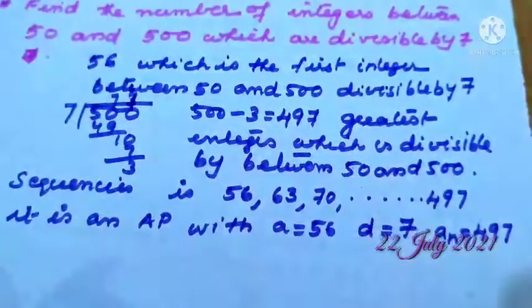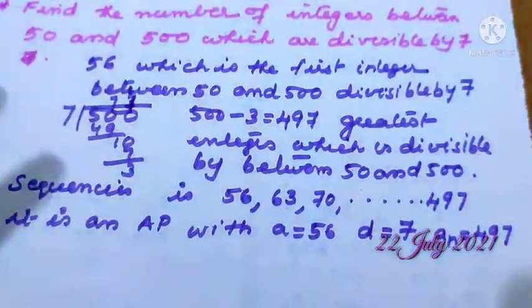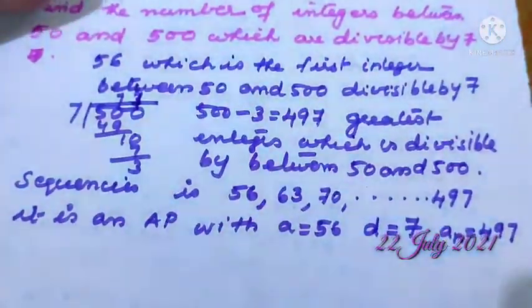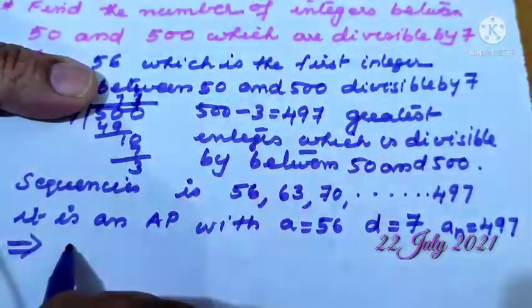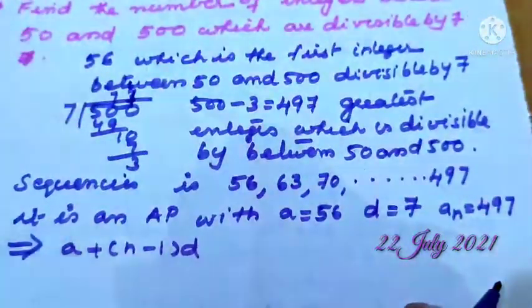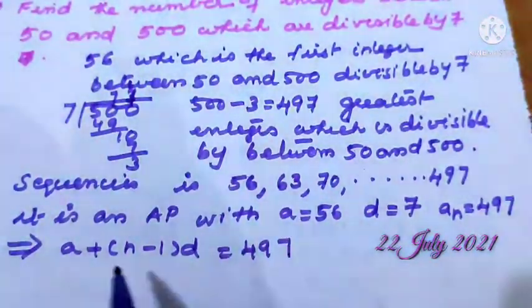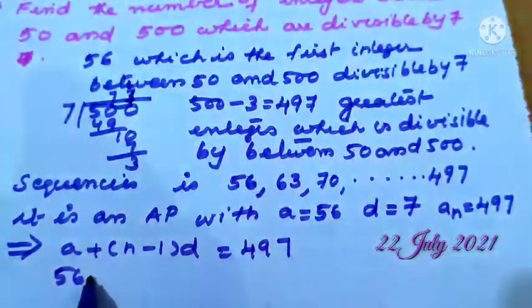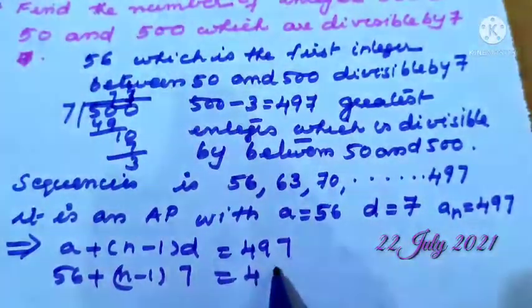So 497 is the last term. Now what is the question? How many number of integers are there? So what we should do, we have to write the formula A plus n minus 1 into D equal to 497. So what is A? 56 plus n minus 1 into 7 equal to 497.